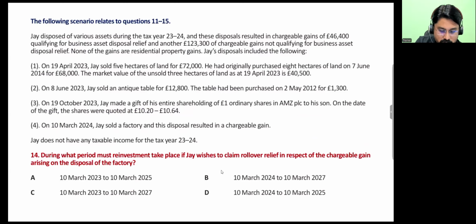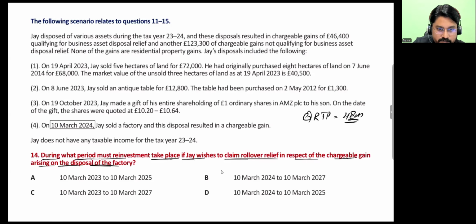Now read the actual question. During what period must reinvestment take place if J wishes to claim rollover relief in respect of the chargeable gain arising on the disposal of the factory? Factory disposal date is 10th March 24, and the total qualifying reinvestment time period is 48 months.